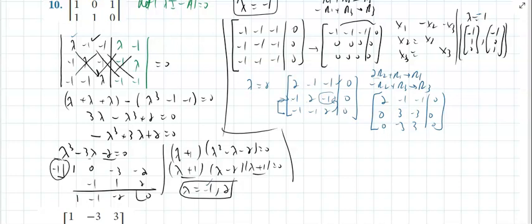Okay, and now if I take row 2, add it to row 3, and put the result in row 3: 2, -1, -1, 0, 0, 3, -1, 0, 0, 0, 0, 0.